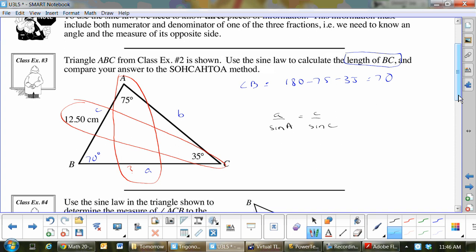Why did I do it this way? I purposely, in my head, make the unknown upper left. Because you know how to solve an unknown? It's got to be by itself. It has to be up top. So why don't I do that? If I actually put it on the bottom right away, I'm making work for myself. So it's kind of being proactive.